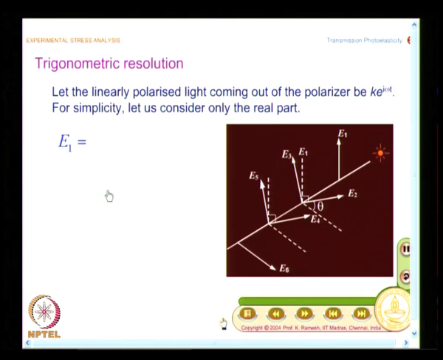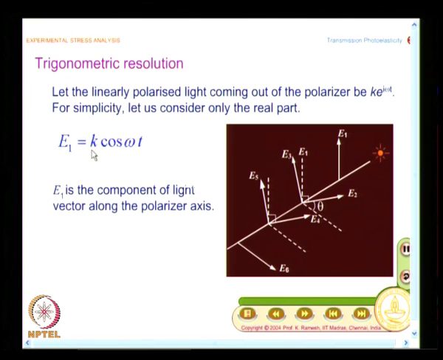And what we will do, we will simply say E1 is k cos omega t. So, I have an amplitude, and this is cos omega t, and you have to recall when we discussed retardation plates, this is the input polarized light that hits the model.